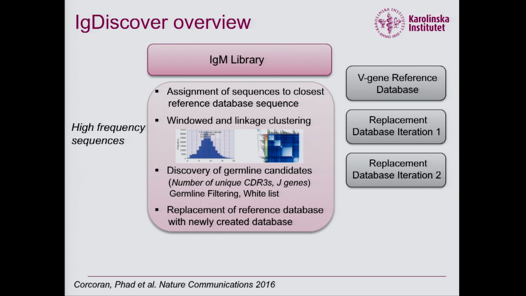The approach takes a little while to explain, so this is just a very brief summary of how it works, and it's published. Starting from the IgM library, we basically assign all the sequences to a starting database. Then, through bioinformatic windowed and linkage clustering approaches, we can parse these sequences into different clusters, and this identifies candidate germline genes.